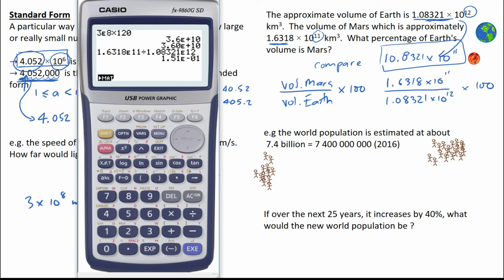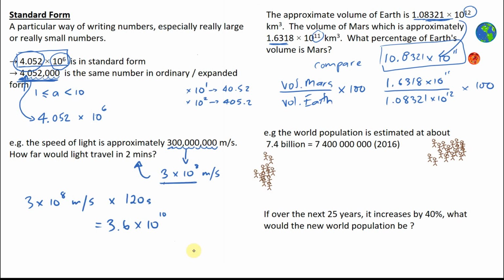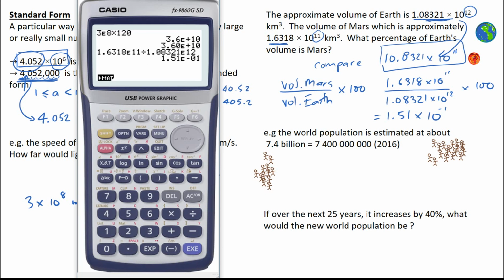So that gives us 1.51 times 10 to the, let's just write that down, 1.51 times 10 to the, and you will notice that we have a negative power here, which is the same as just -1.